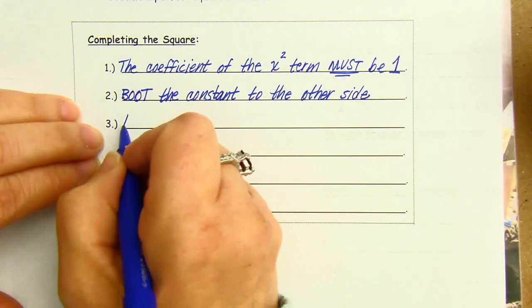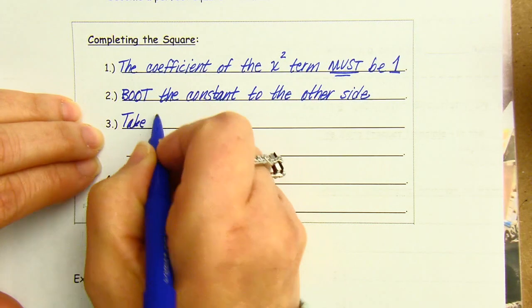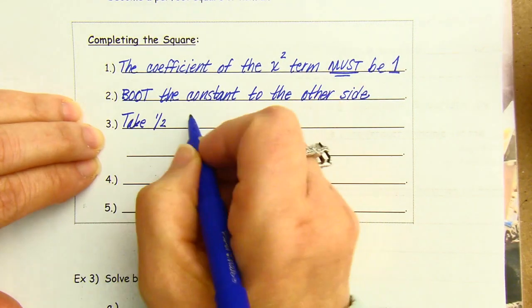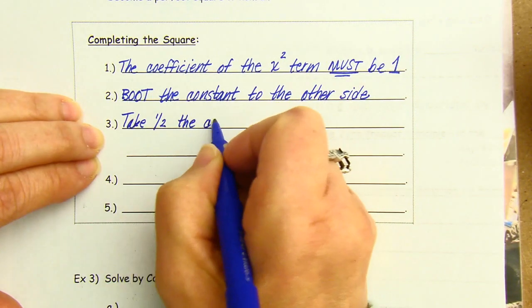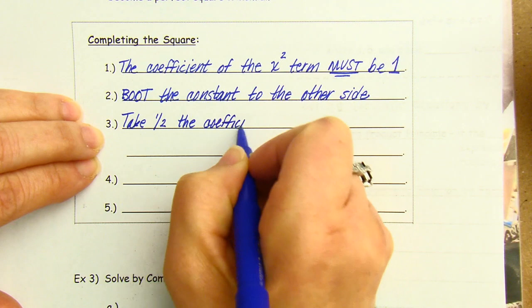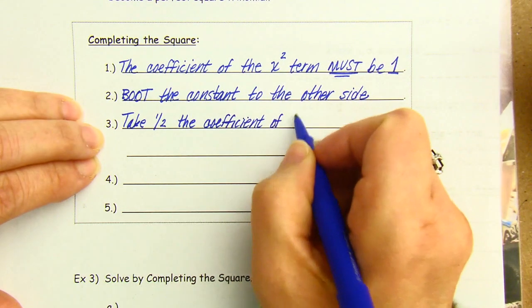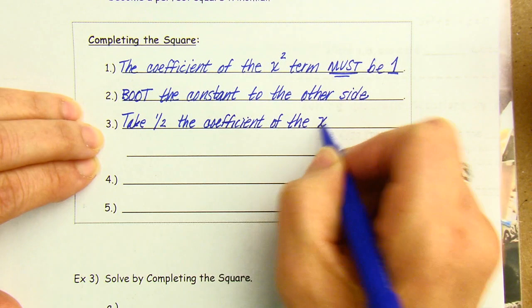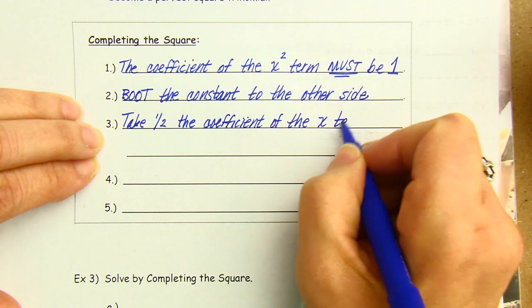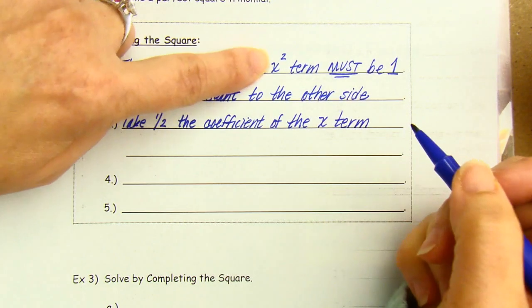The next step is to take 1/2 the coefficient of the linear term, or the x to the power of 1 term. Okay, that's your quadratic term, this is your linear term.